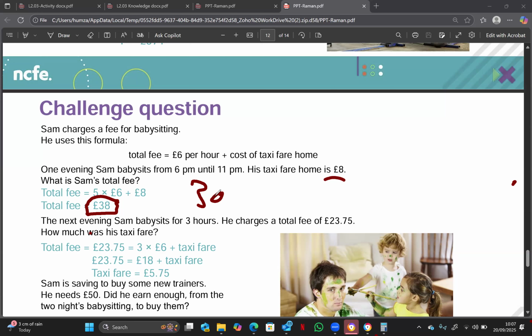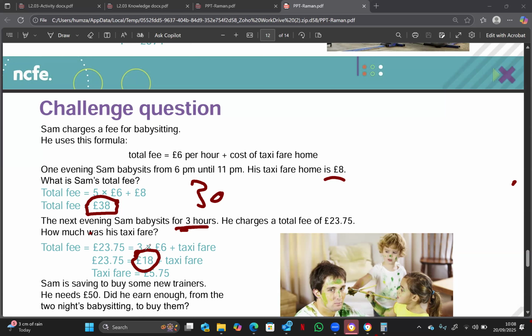Not 30, no. Look, this is the second night. That's the first night done. Look at the second night. It says he worked for 3 hours. Remember? So we did 6 times 3. So he earned how much? 18. So 5.75 is taken from 18.